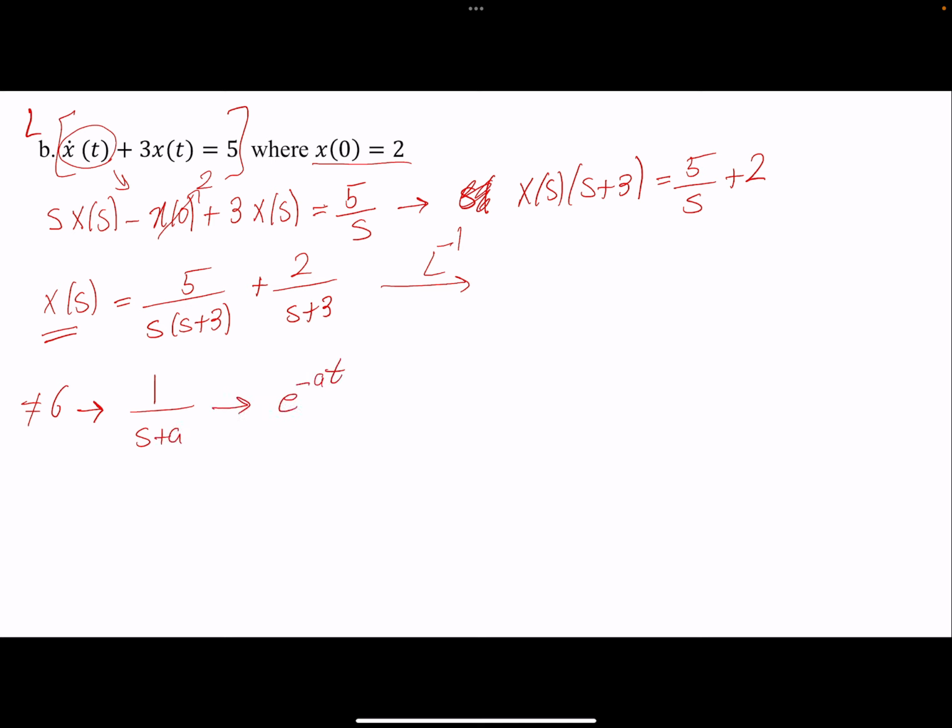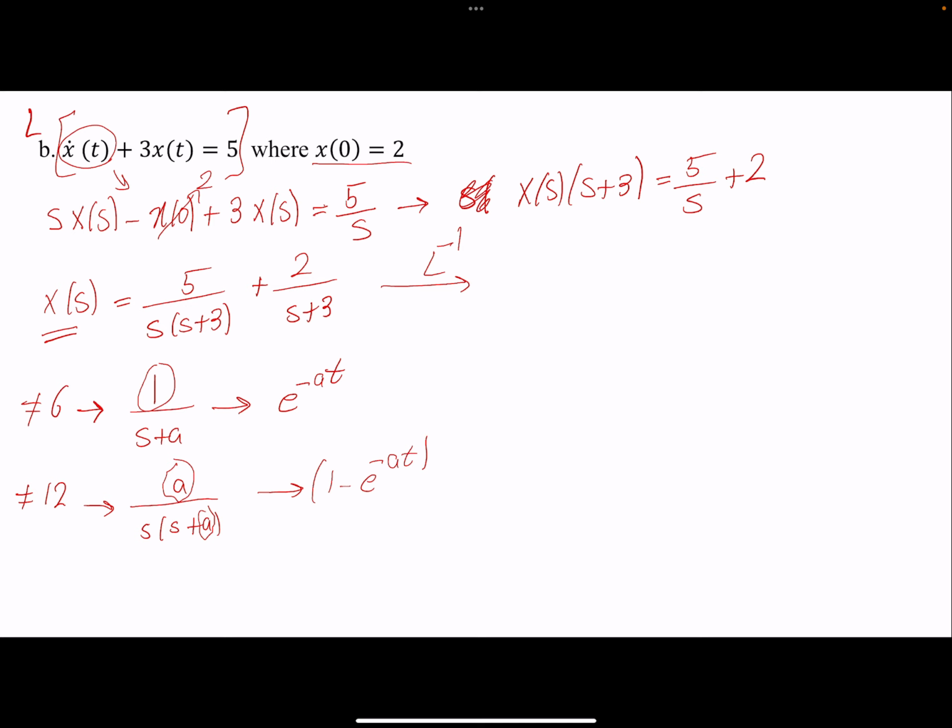And then another rule that comes in handy here is rule number 12. That says if we have a over s times s plus a, then we have 1 minus e to the minus at. Pay attention, in rule number 6, the numerator needs to be 1. And in rule number 12, the numerator should be the same as the constant value here. So I need to form my functions so they have the same format.